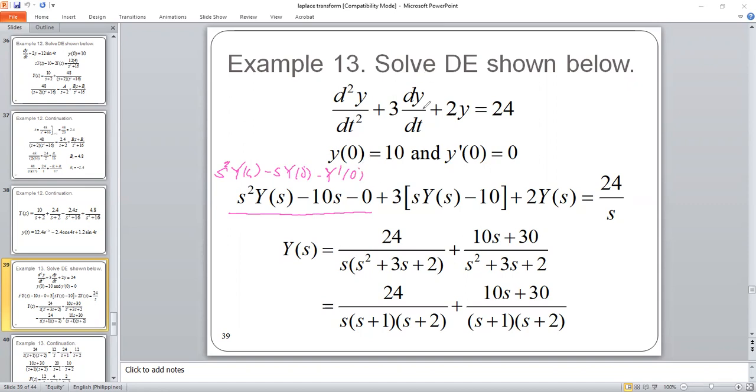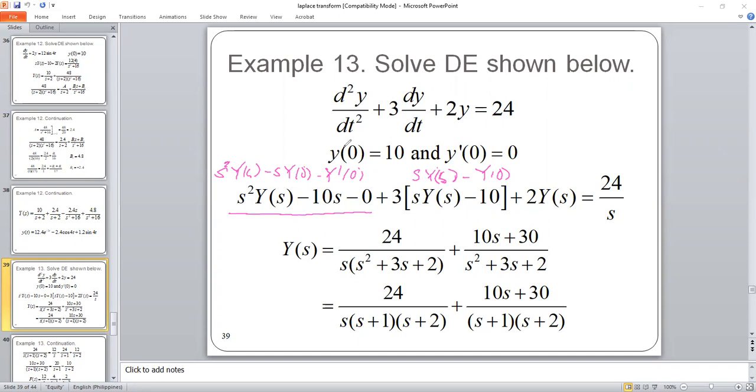For the first derivative, s y of s minus y of 0. I'm using already the formula that was shared to you in the Jamboard for you to see the pattern.